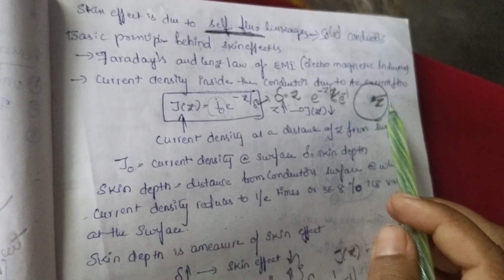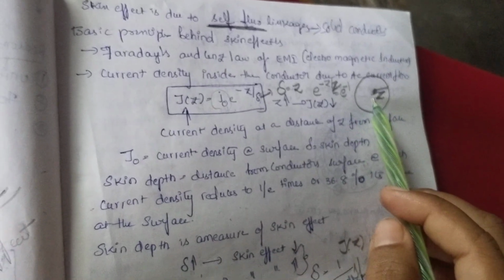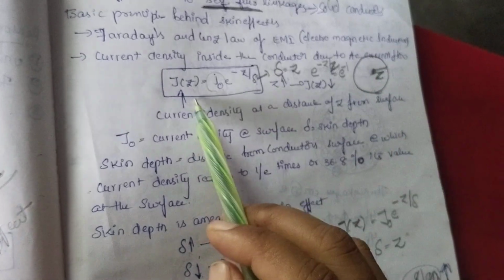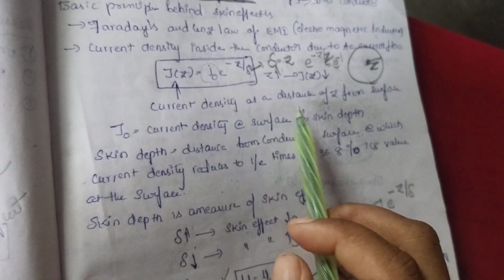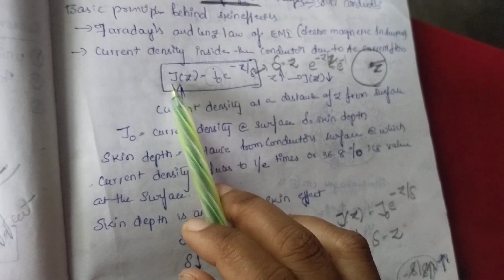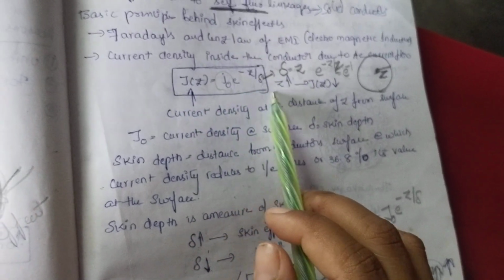Because more current is flowing only on the skin, not at the center, so we want to know how much current is flowing at a distance of Z from the surface. The formula is J of Z equal to J naught into e power minus Z by delta.